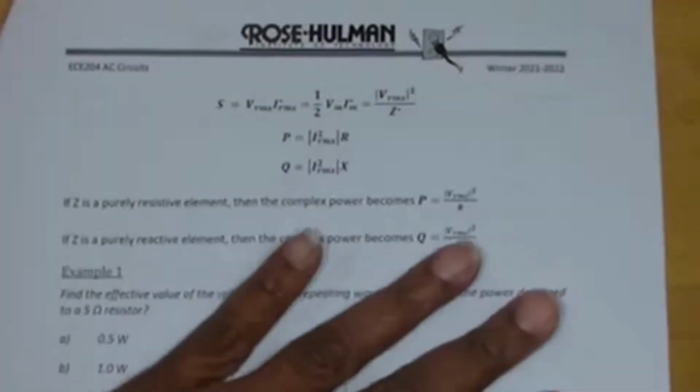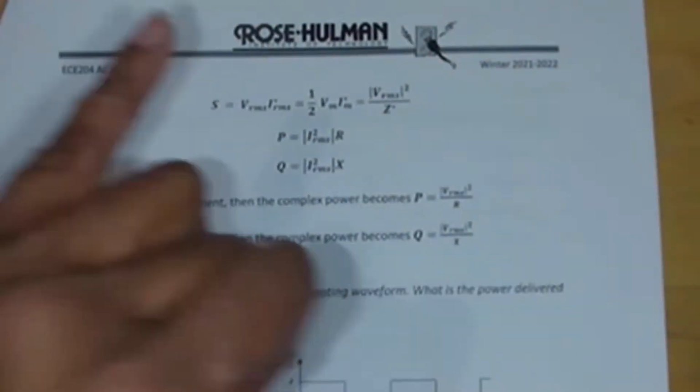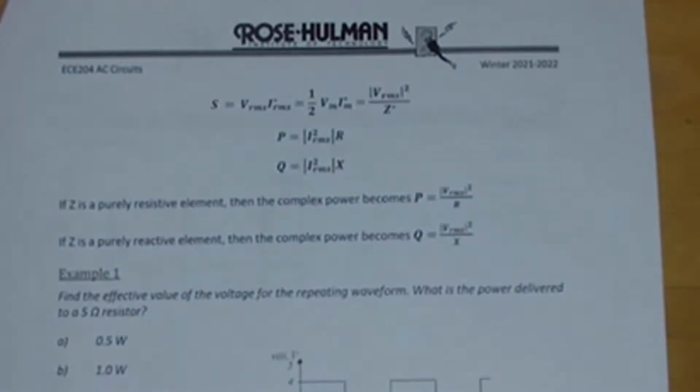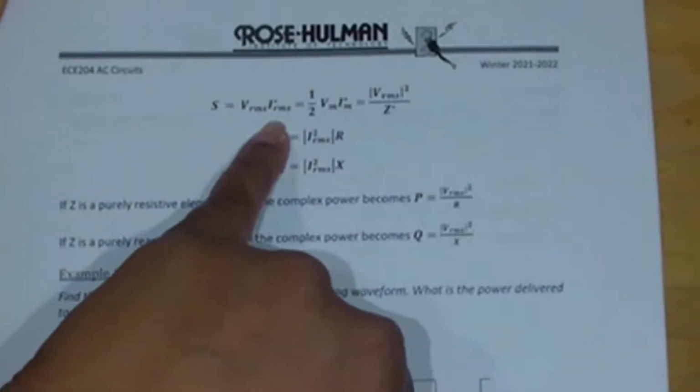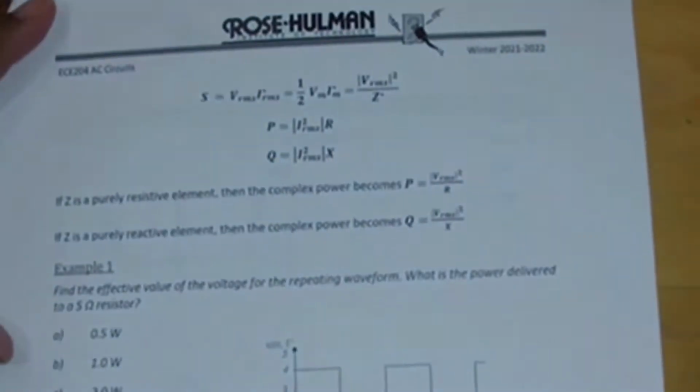So the last set of formulas is, I can also find the complex power in terms of voltage and current by using VRMS times IRMS conjugate. The first thing I want to emphasize is that there's a conjugate here, because students will forget about that and think it's V times I like power was before. There's a conjugate. What does conjugate mean?